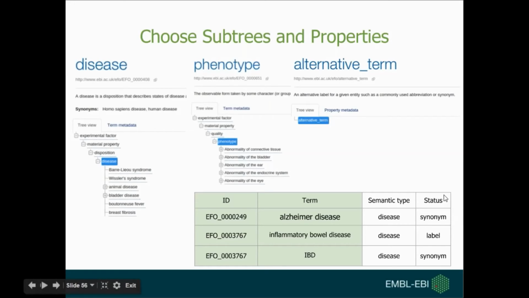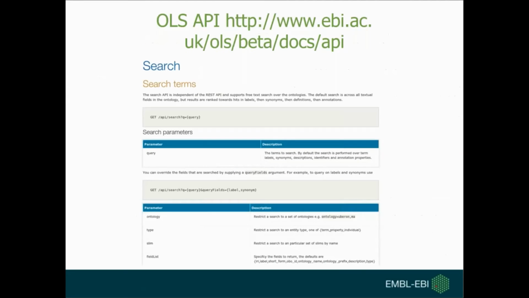And in order to build a dictionary, we used only two columns, which are ID and term. In order to get this table, you can use the API provided by OLS. And if you need more details, please visit the URL mentioned here.